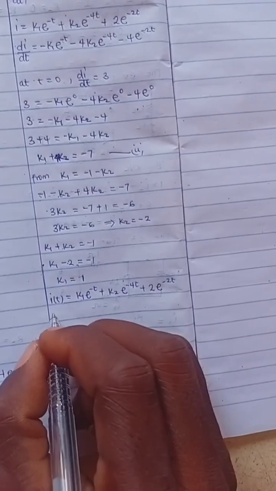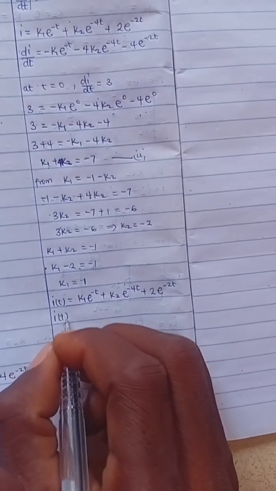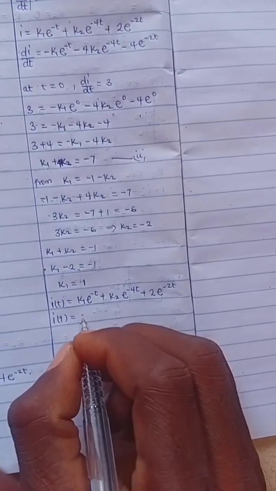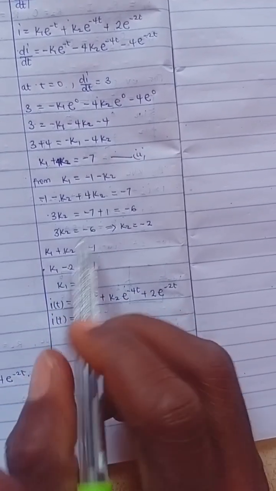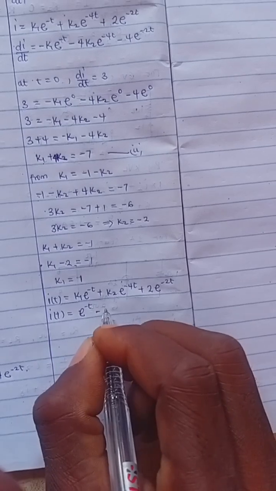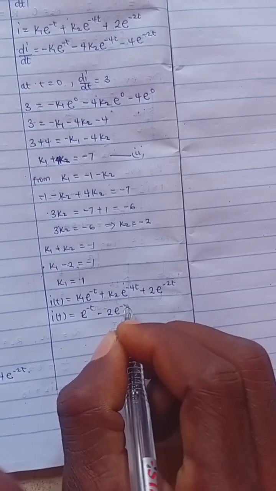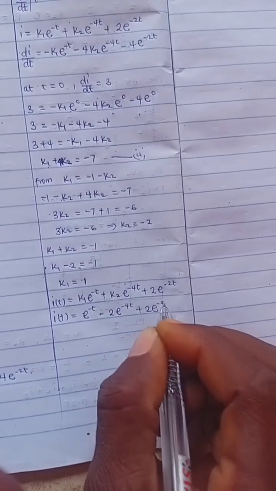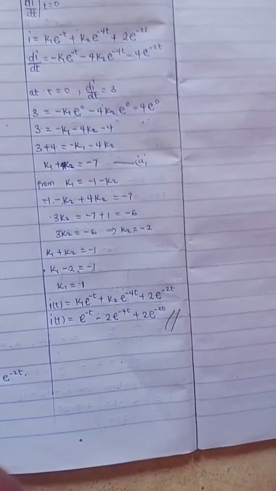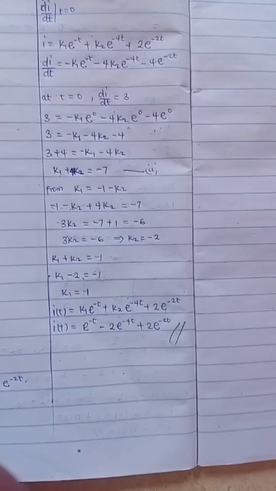So substitute k1 and k2: I is equal to exponential minus t, then minus 2 exponential minus 4t, then plus 2 exponential minus 2t. So this is the general solution for your integro-differential equation, and that is it for this.